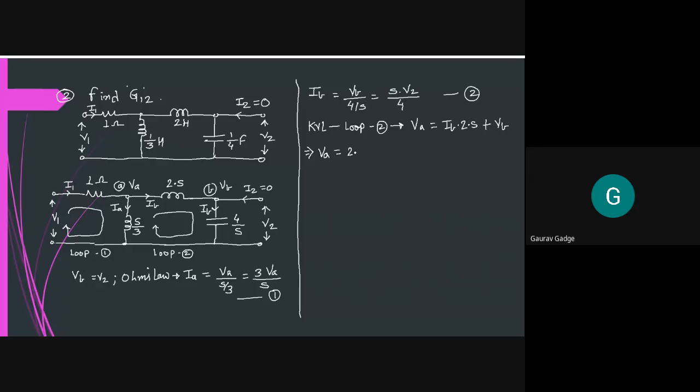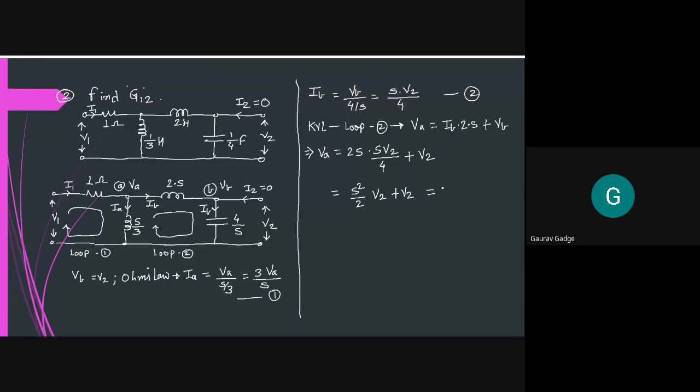So I write 2S first, then S V2 upon 4 plus VB, which is equal to V2. Now 2 2s are 4, so I get S square upon 2 times V2 plus V2.